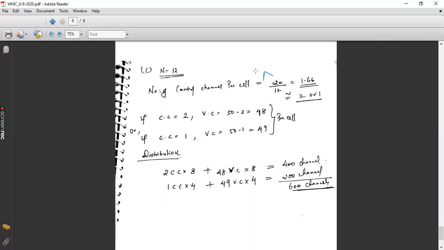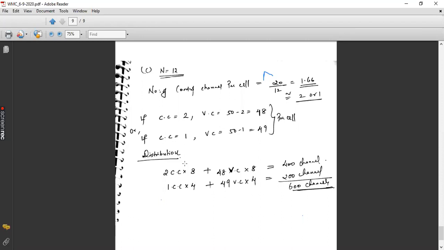So it is 50 channels. Out of these 50 channels, I have taken 2 channels as control channels, so the remaining voice channels will be 48. Or if you take 1 control channel, the remaining voice channels will be 50 minus 1, that is 49 channels acting as voice channels.